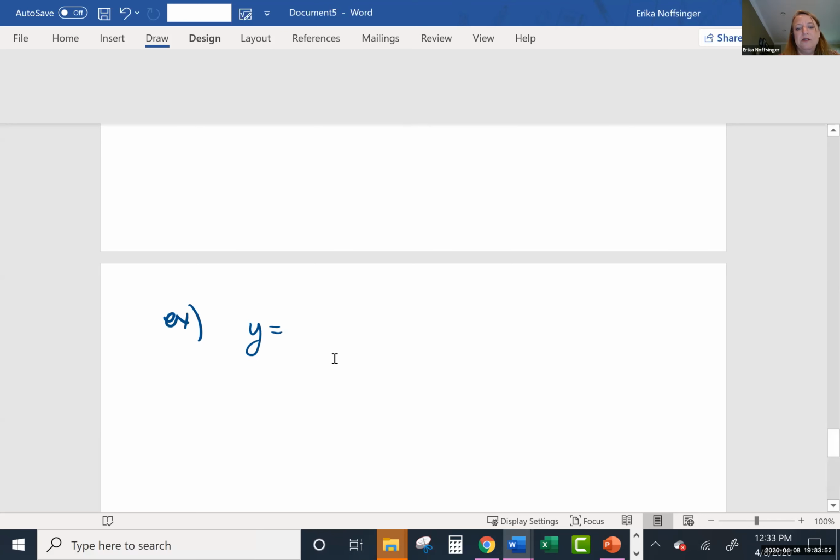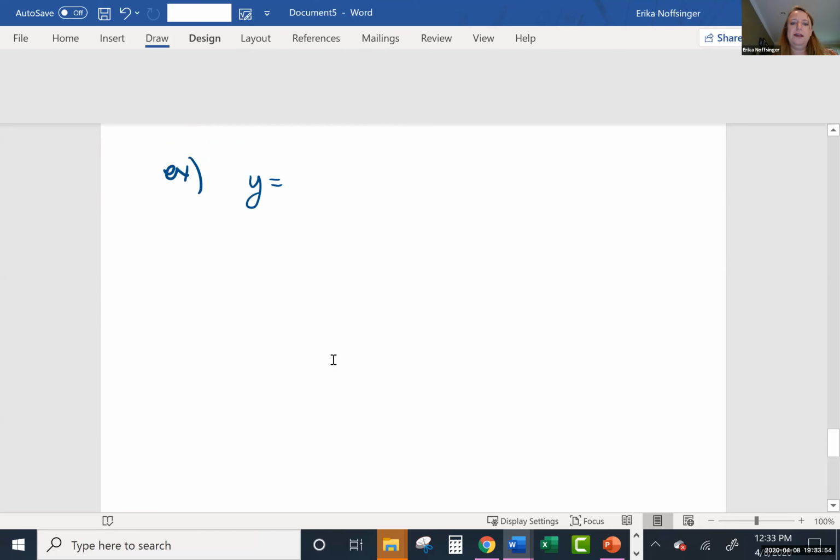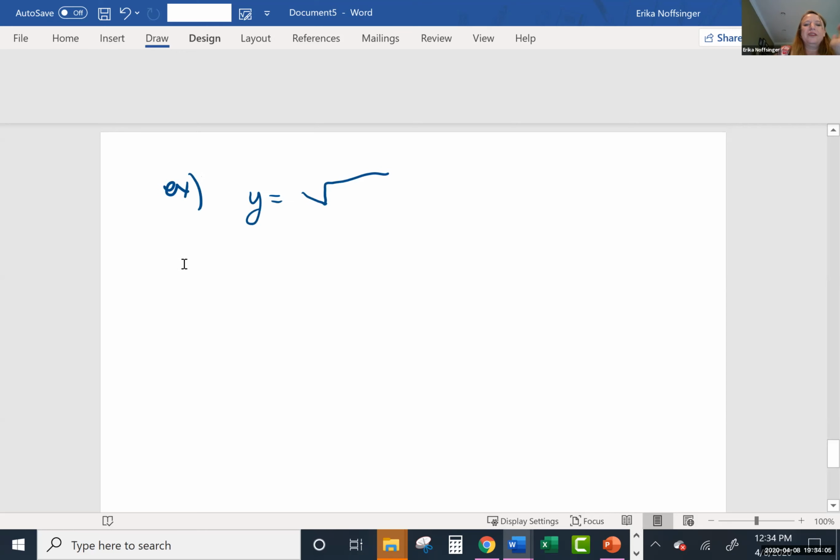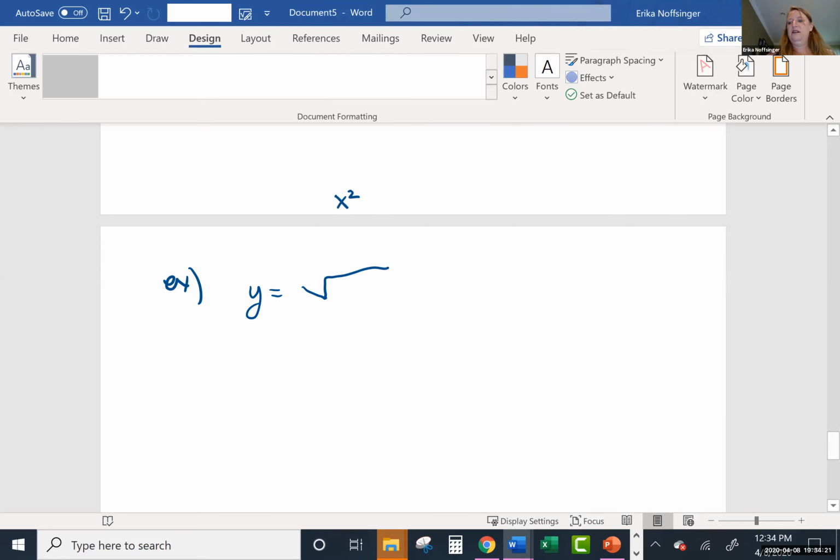Okay, so we have y is equal to, how about the square root of x squared? I don't know why my computer's acting up. I'm going to try something different. I'm going to try sharing a different screen with you. And maybe in the long run, this will be better, but I don't know.